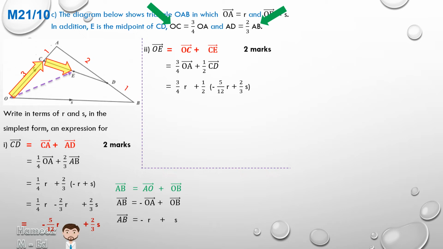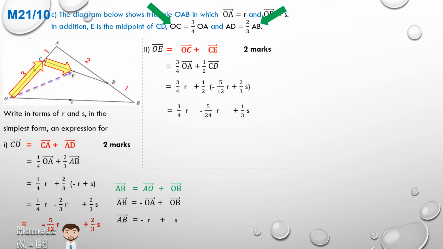And all we're doing is multiplying by the half in the brackets. So we're going to get 3/4 R. And if we multiply a half times 5/12, 1 times 5 is 5, 2 times 12 is 24, so minus 5 over 24 R. And multiply a half by 2/3 as well. Remember, we're multiplying each term by a half. So as we expand the brackets, the 2s can cancel, 2 into 2 is 1, 2 into 2 is 1.